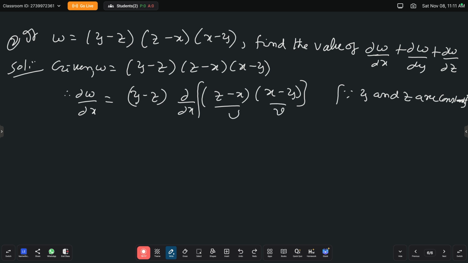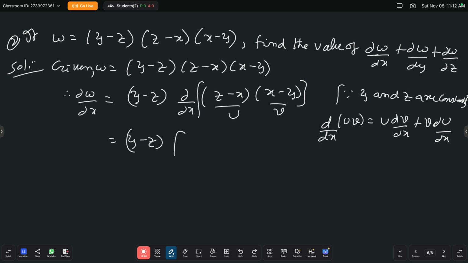The derivative ∂/∂x of UV is u ∂v/∂x plus v ∂u/∂x. Now (y minus z) into the values: (z minus x) into minus x plus y.